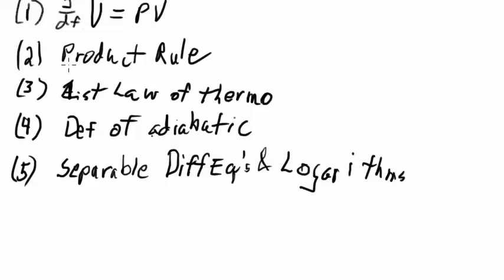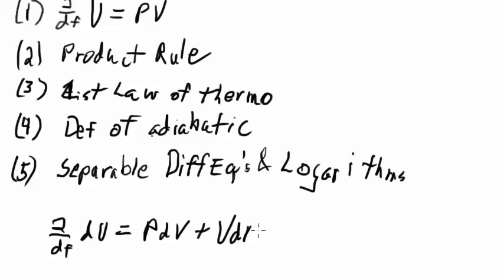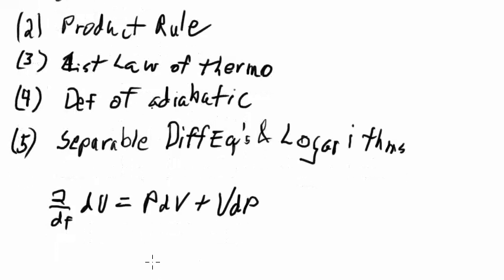So what I'm going to do here, first, I'm going to take the product rule on that guy there, differentiate it, do a total derivative. It's going to be 2 over degrees of freedom dU equals P dV plus V dP. So that's from 2 up there. I use the product rule.